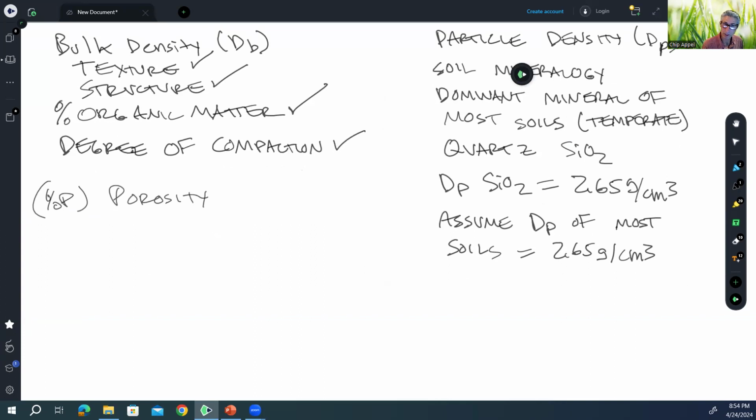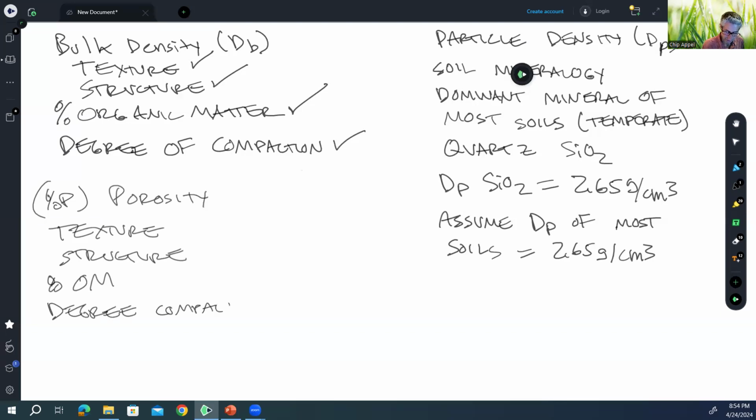And so is porosity, right? Particle density is only influenced by the soil mineralogy. So texture, structure, percent organic matter, and degree of compaction.